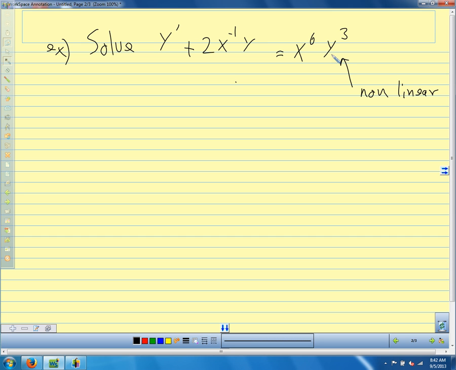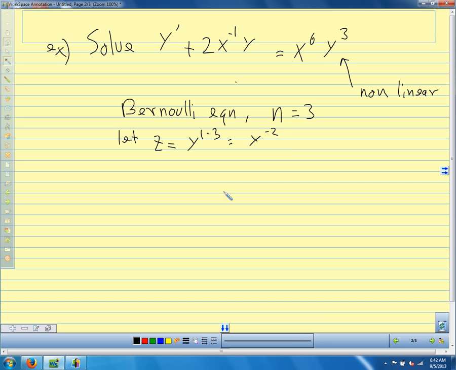So this is a Bernoulli equation, and n equals 3. So we're going to make our substitution. We're going to let z equal y to the 1 minus n, 1 minus 3, equals y to the minus 2.